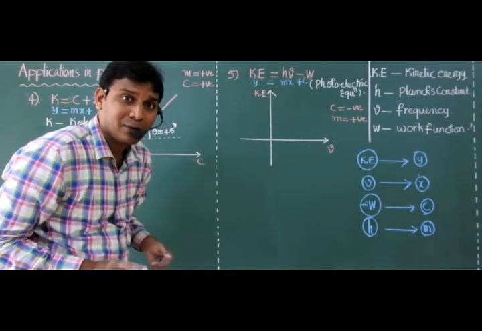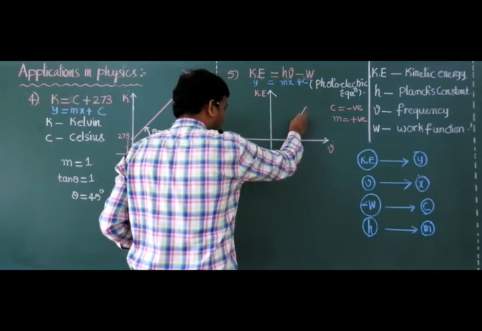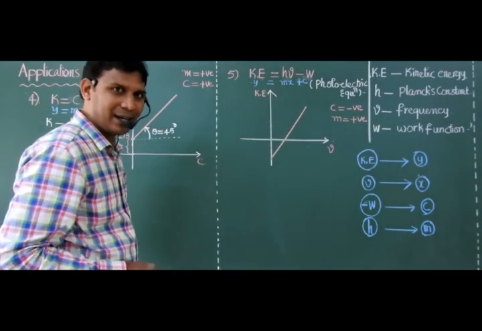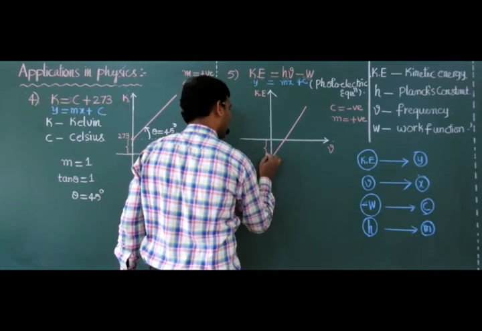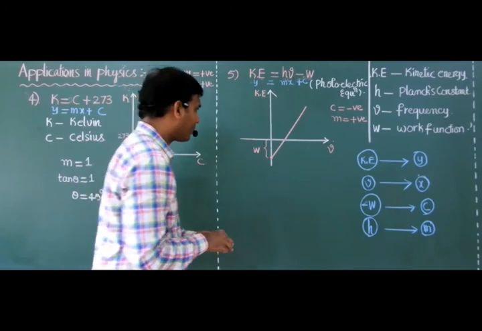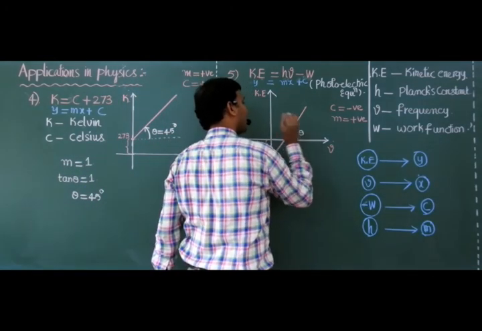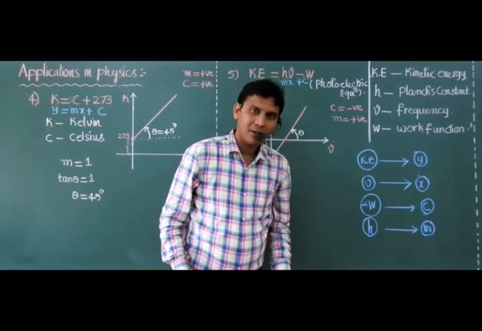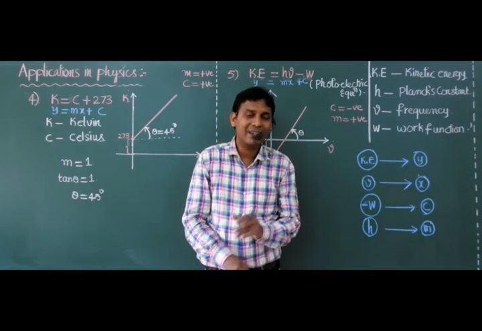Intercept is negative, slope is positive, right? The graph becomes like this. Clear? Then this intercept is nothing but W. And this is theta less than 90, so slope is positive. So dear students, I hope you understand all these applications related to y is equal to mx plus c.